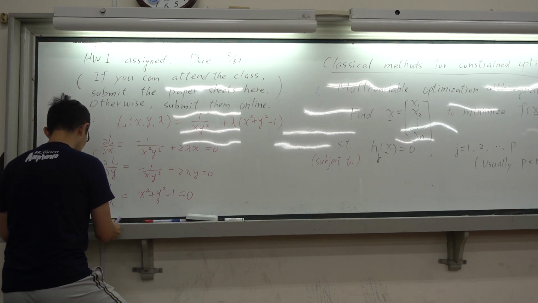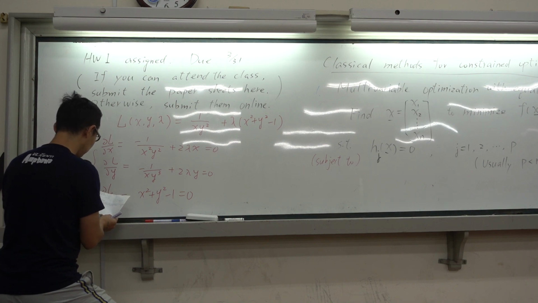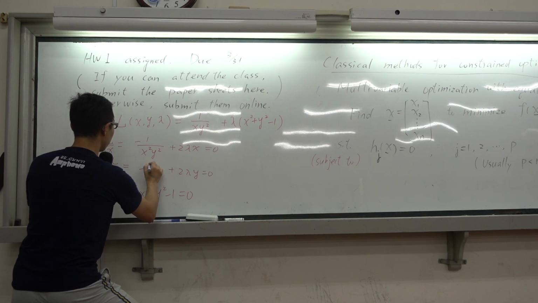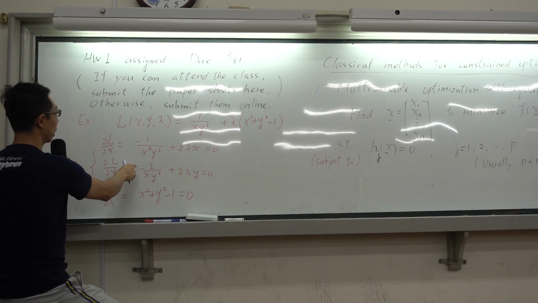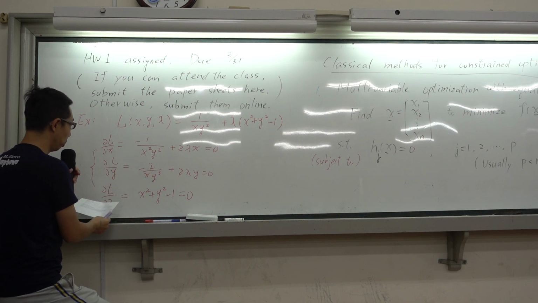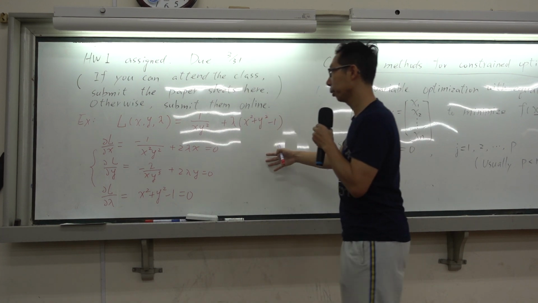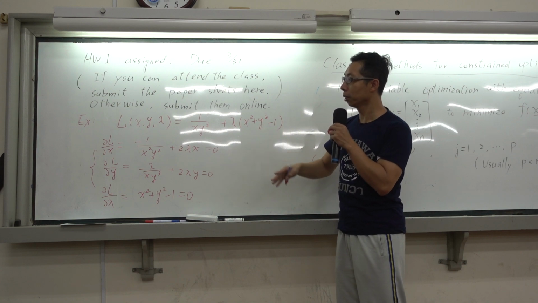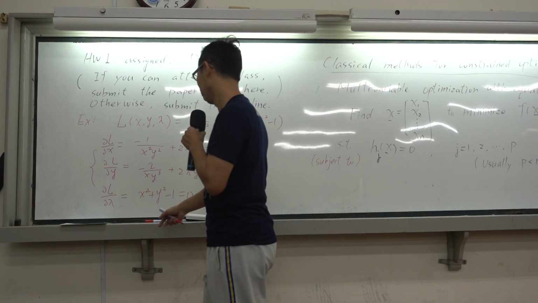Let me make sure this is correct. Oh, wait, I forgot, there's negative 2, y to the negative 2, so negative 2 divided by y cubed. Now we have 3 equations with 3 unknowns, so we are able to solve x, y, and lambda simultaneously.